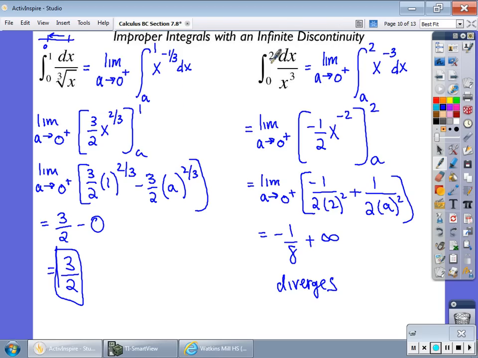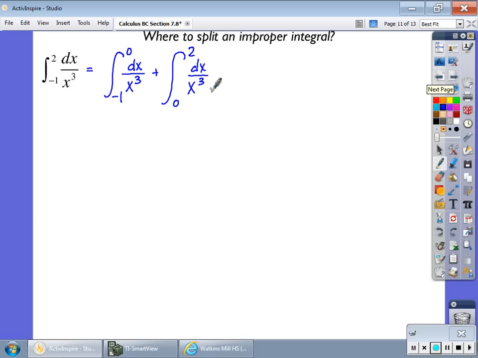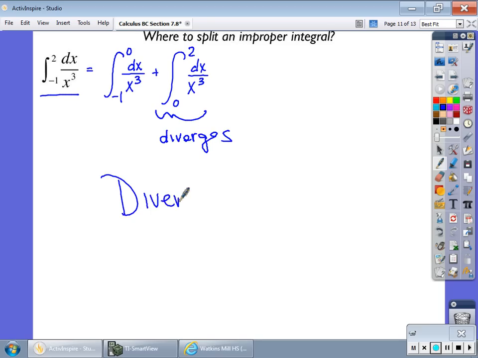The integral from 0 to 2 of dx over x to the 3rd, that diverged. So over here, this is going to diverge. And since this diverges, the integral here will diverge as well. You only have to show that one diverges in order for this to diverge.